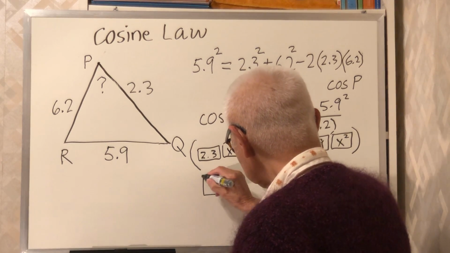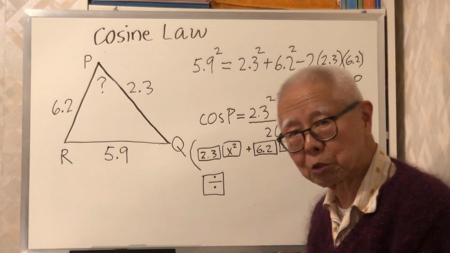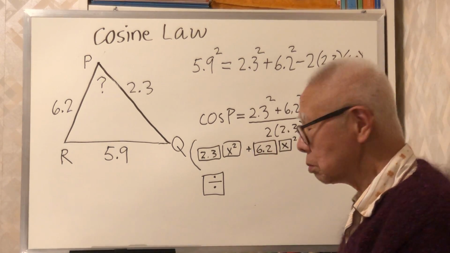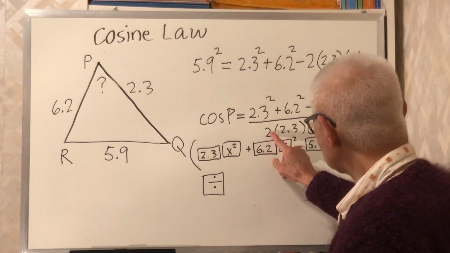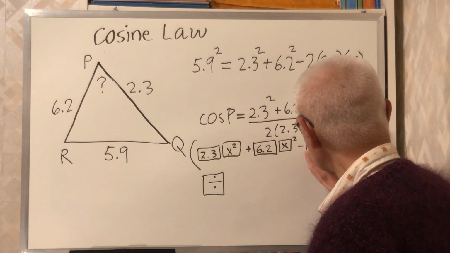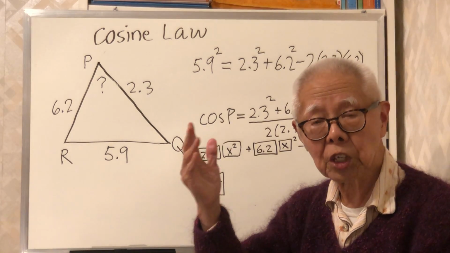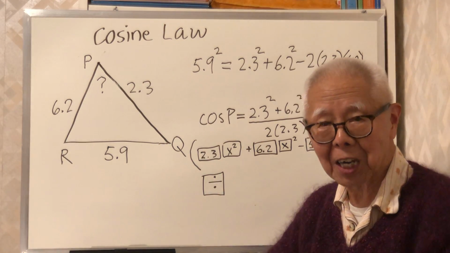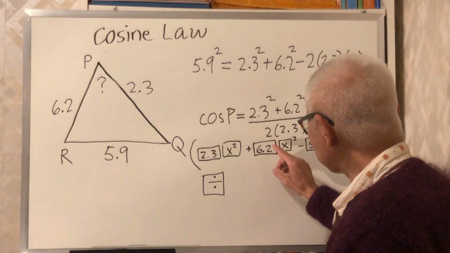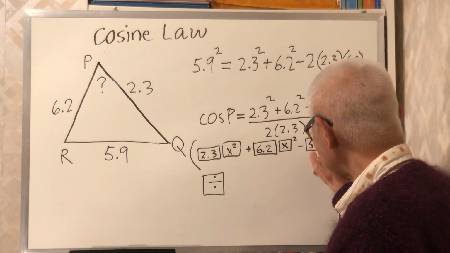Press the divide button. Now, very tricky here. Can you enter divide by 2 and multiply 2.3 and multiply 6.2? Wrong. You cannot do that. If you do that, you get wrong answer.